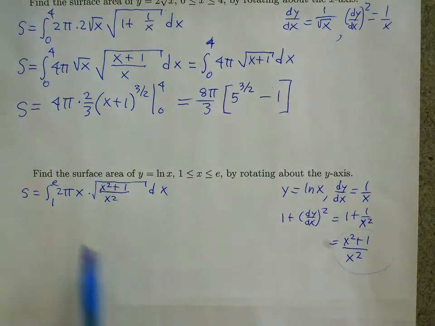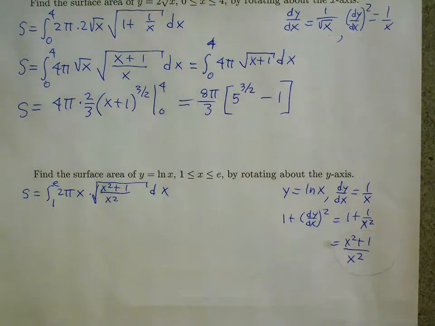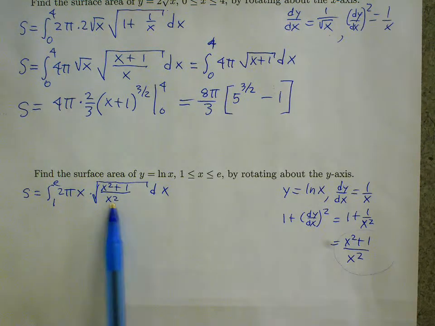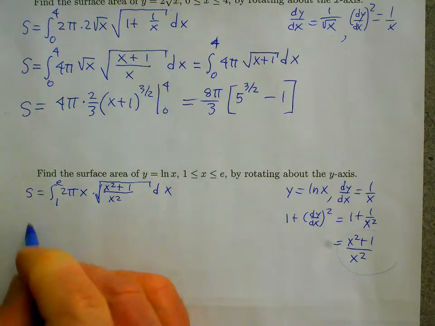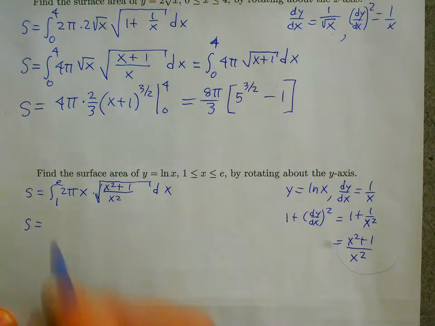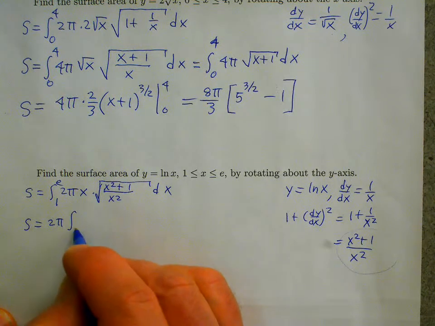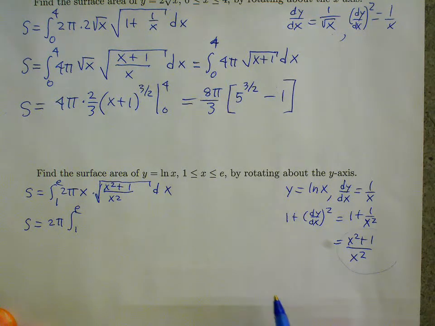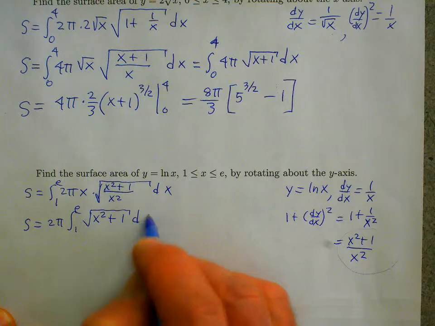In the integrand, we have a factor of x, and we also have x squared in the denominator of the square root. So those are going to cancel each other out since the square root of x squared in the denominator is x. So in the next step, I'll bring the 2 pi out front of the integral from 1 to e. And then we have the square root of x squared plus 1 dx.